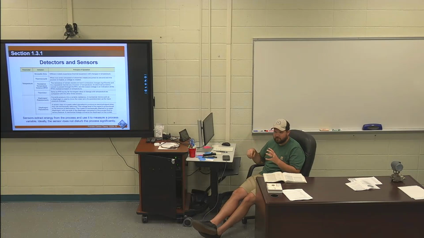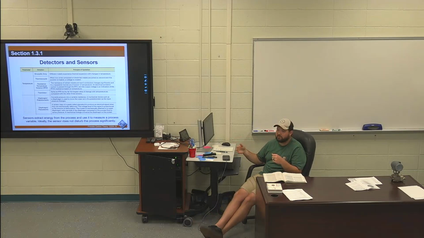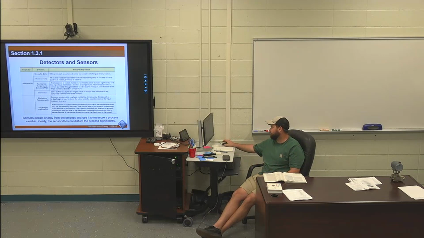So you get a high head pressure on one side, low pressure on the other side. And that's what it's talking about. It's introducing a disturbance into the process. So most stuff is going to introduce some sort of disturbance in the process. That's going to be part of your energy loss, but you have to do that in order to detect whatever you're trying to detect, whether it's temperature.